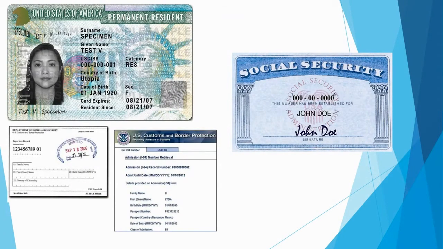Also, for another visual, we have a permanent resident card, as well as an example of a Social Security card. Again, providing these examples just because being as prepared as possible before you start the FAFSA with this information allows for fewer mistakes and being able to go off directly what is on each of these items.